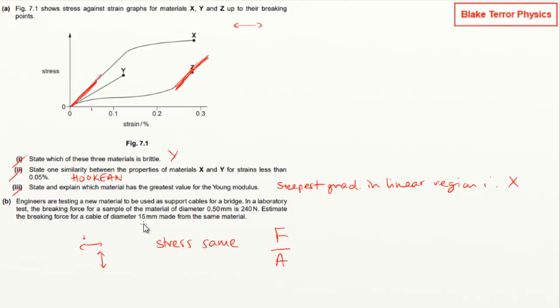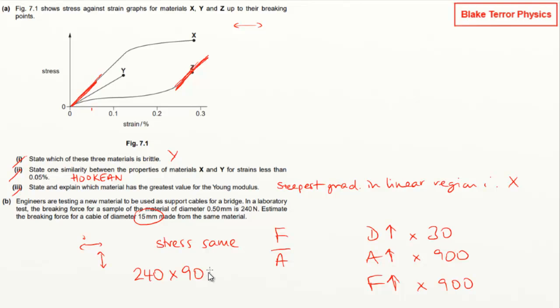So for the new cable, the diameter has gone up by a factor of 30. So the area is going to go up by a factor of 900. So our breaking force will go up by a factor of 900 as well. So we're going to have 240 multiplied by 900.